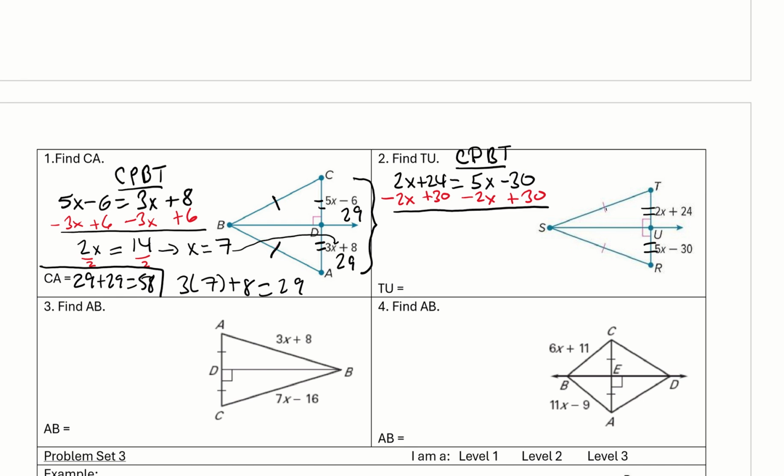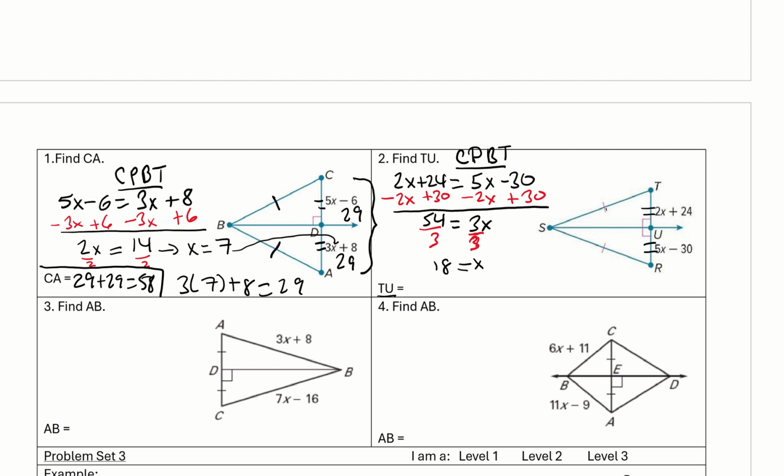So we get 54 equals 3x. I can divide by 3 on both sides. So we get x equals 18. And don't forget to plug that in, the TU.